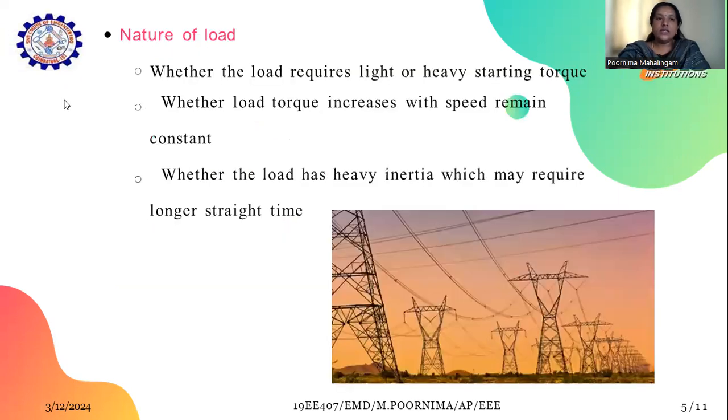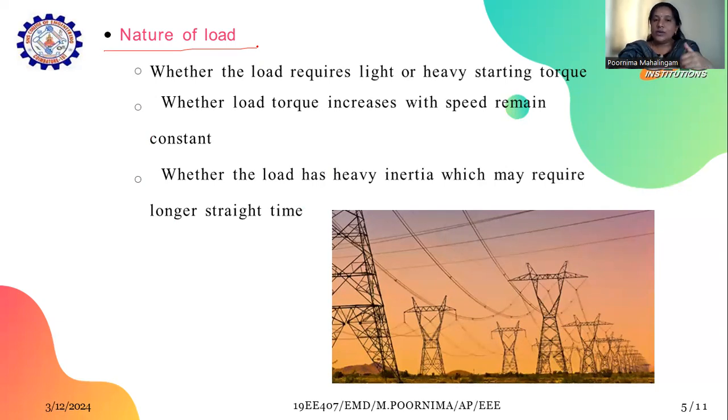Okay, the next thing is the nature of the load. Based on what type of load we are using, we need to choose the drive. For example, if the load is a crane, we have to choose the motor accordingly, because this is also an important factor.